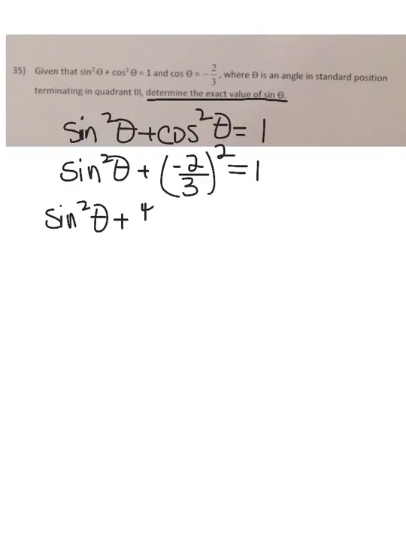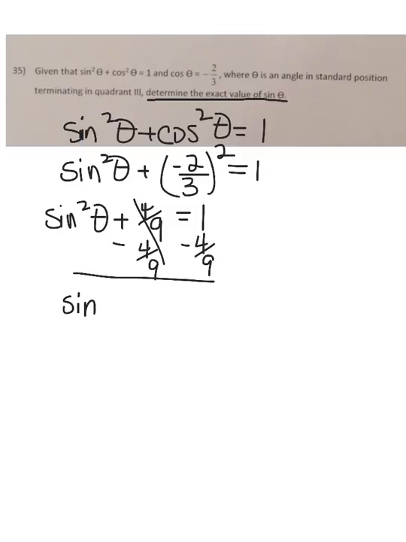So negative 2 when I square that is 4, and 3 when I square that is 9, and that equals 1. So I'm going to subtract that 4/9 over. You can do that in your calculator or your head. You can find a common denominator. And so I have sine squared, and that's 9/9 minus 4/9, which is 5/9.